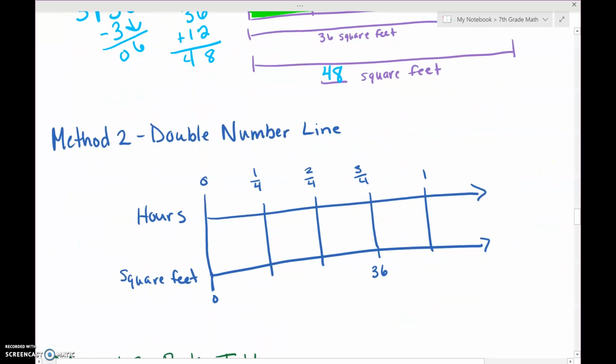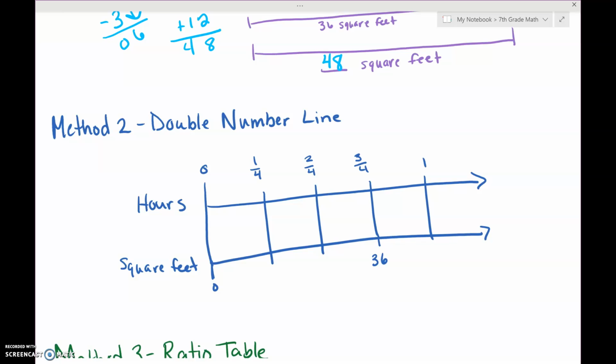We can also use a double number line. Remember when we set these up? One line represents the hours or time she spent, and one line represents the square feet. So here we know that our hours, we're splitting it into quarter hours or 15-minute segments. And 60 minutes is 1 hour.